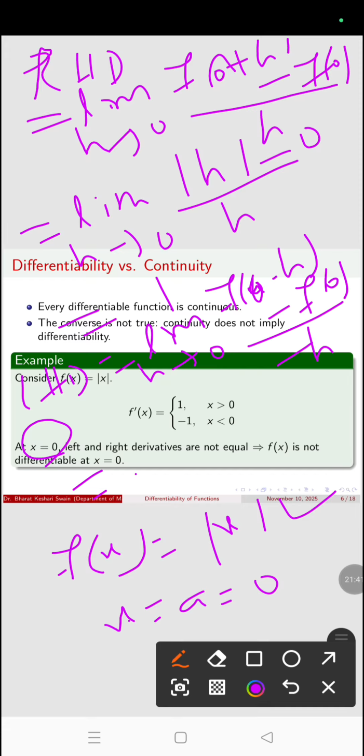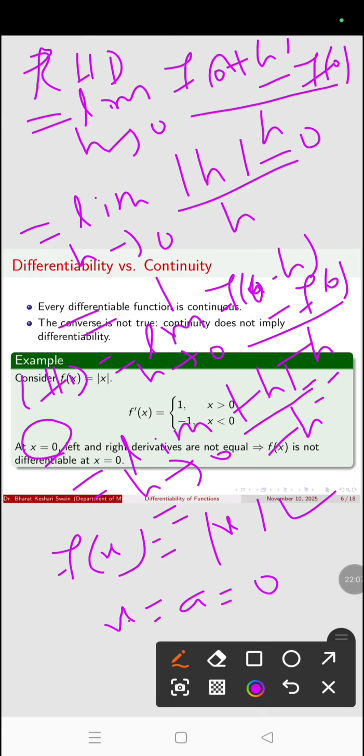That is equal to limit h tends to 0, f of minus h means mod of minus h, and f of 0 means 0. So mod of minus h divided by minus h. Mod of minus h is always plus h. So it is plus h divided by minus h, which is equal to minus 1.